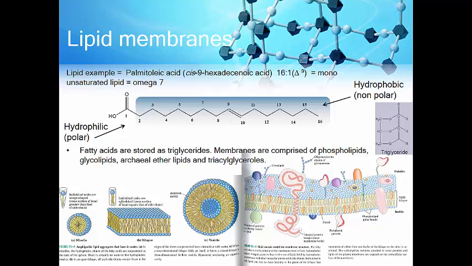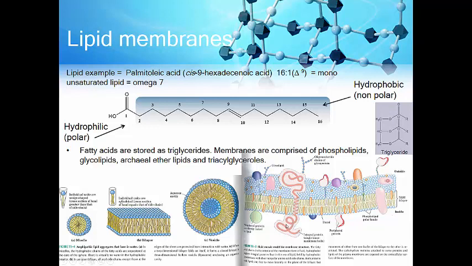So for example, if you have an integral protein like this one here, this big one, this part of the protein would be non-polar to interact with the non-polar region, and this part on the outside here and here would be bent so that the polar parts would be exposed to the water environment that's inside or outside the cell.